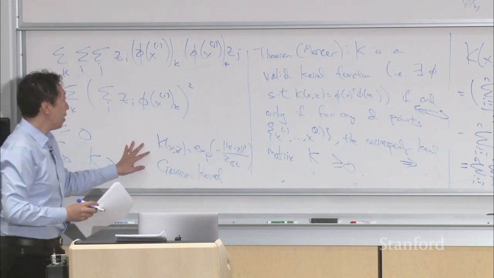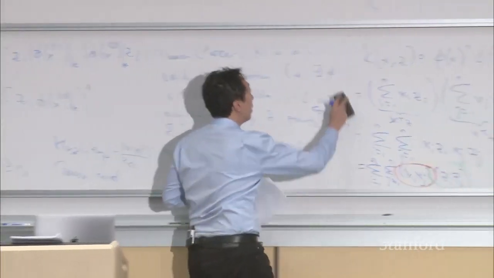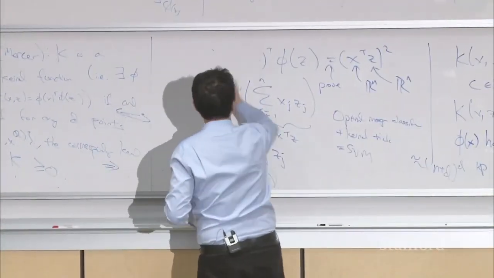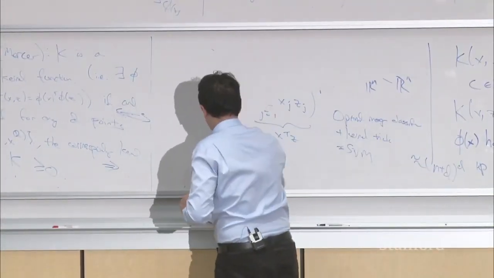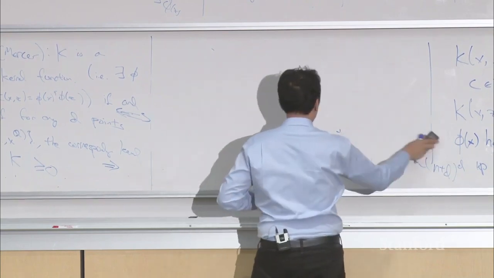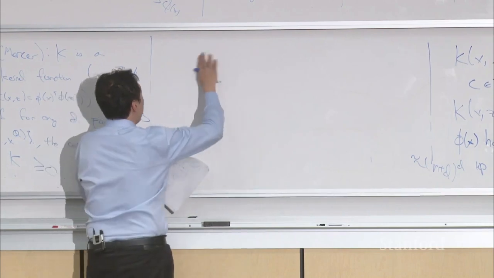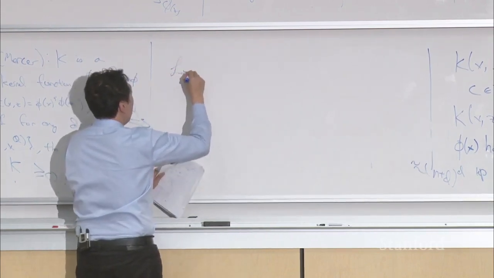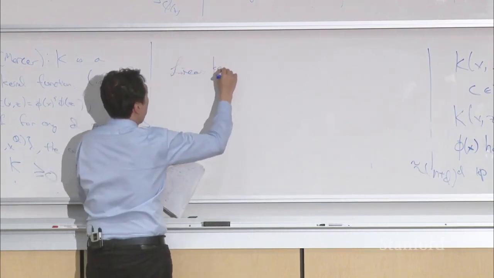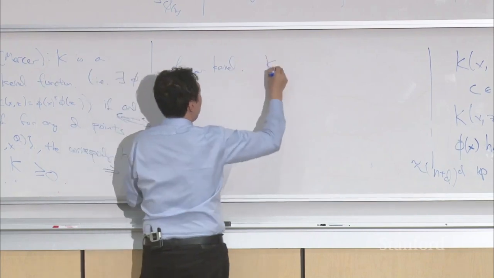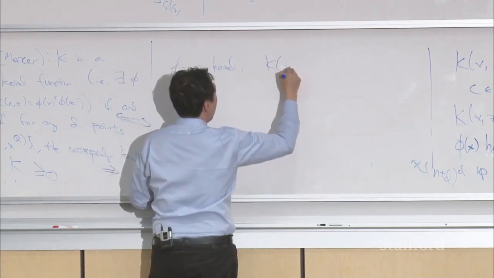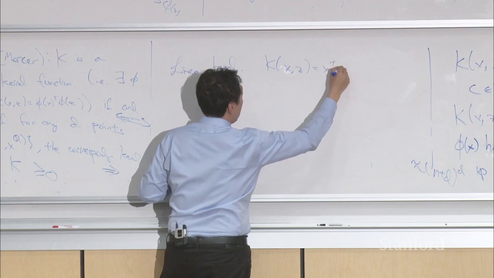Actually, the most widely used kernel is maybe the linear kernel, which just uses K of x, z equals x transpose z.